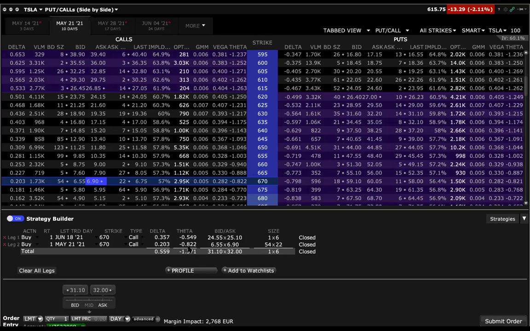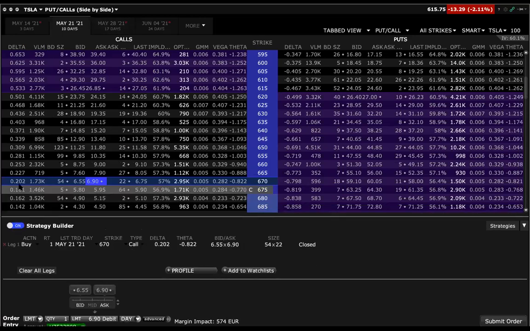Now the delta. Here we have the delta. So the delta is the amount of the profit or the loss that an option can make with each dollar up or down from the stock price. Here, for example, this one is May. Let's stay with May.